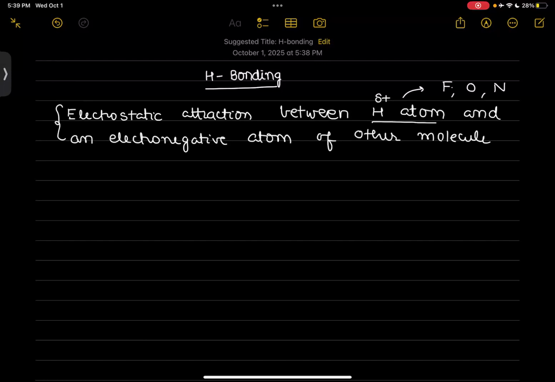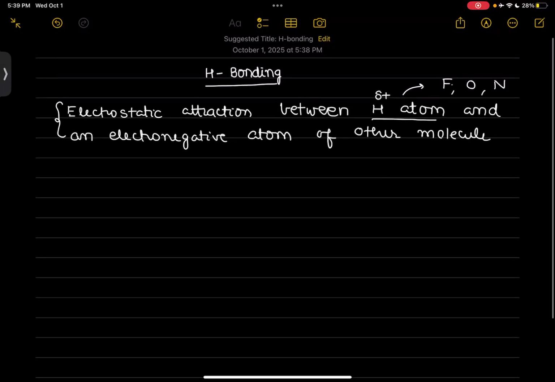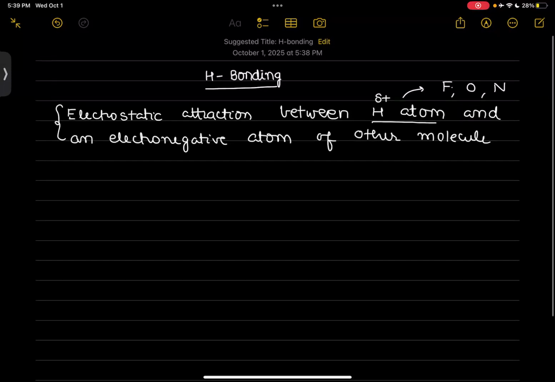Let me show you how it happens. The most common example of hydrogen bonding is water. Clear? So in water, actually, you have this.